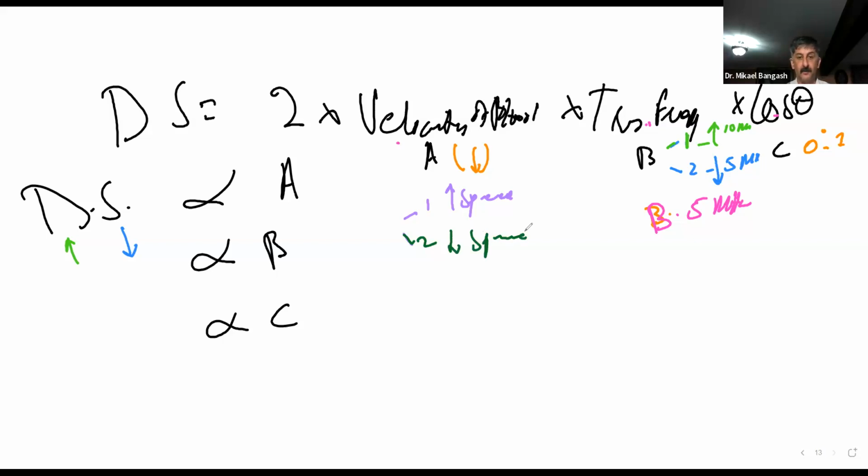Let's say the gauge speed was 100 centimeters per second in one blood vessel, whereas in another blood vessel we record a low speed, let's say just 20 centimeters per second.